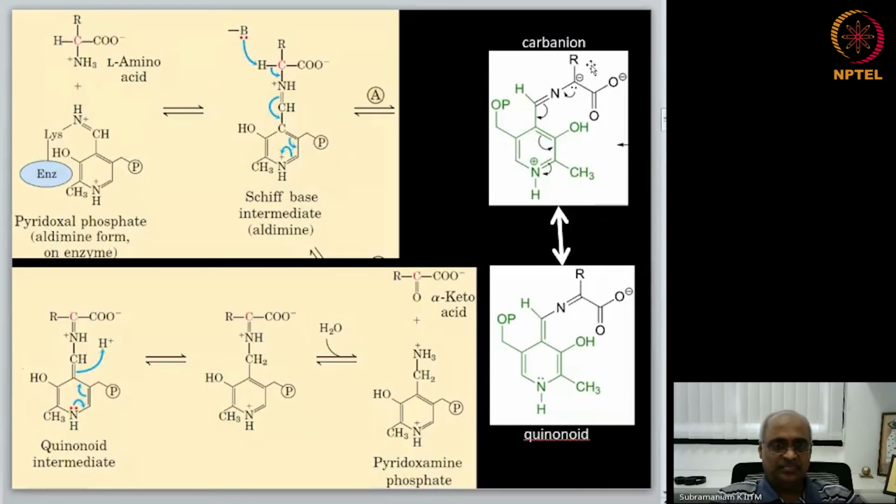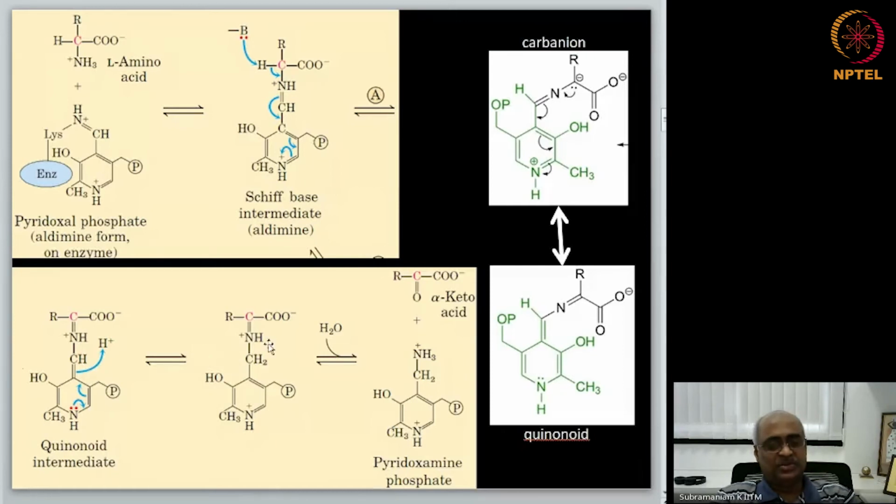So when it alternates between these two structures, you pay attention to this double bond. When this electron is transferred, then you get the double bond between this nitrogen and carbon here. And in that quinonoid structure, it can lose a proton, and the electrons return in this direction, switching the double bond to a single bond with this CH2 formation.